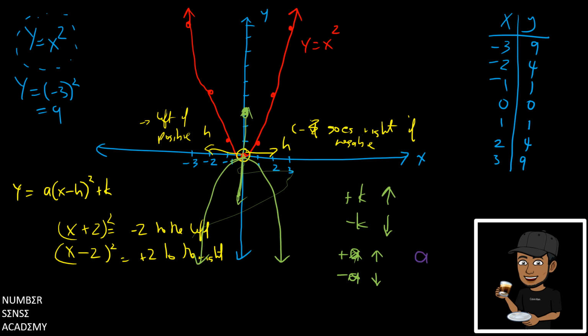So if a is a proper fraction, so if a is less than 1 and bigger than -1, then it's going to get stretched out like this or like that.